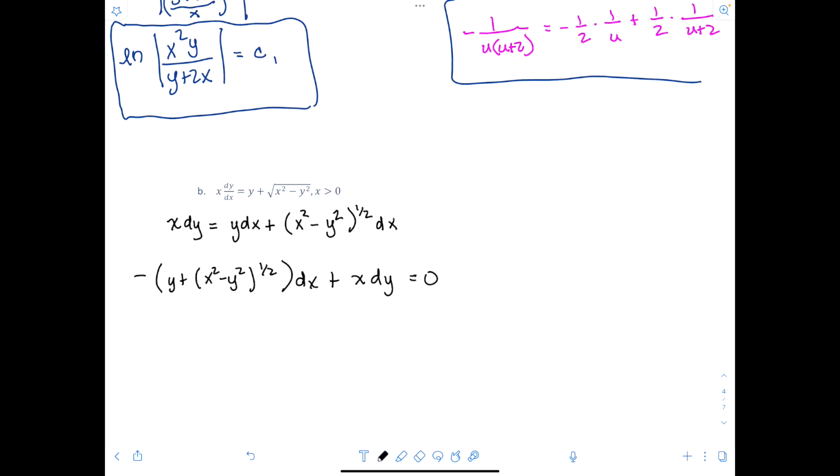So again, let's go ahead and say that y is equal to u times x. Remember, we'll need the fact later that u is equal to y over x. And then let's check it out. dy is equal to u dx plus x du.